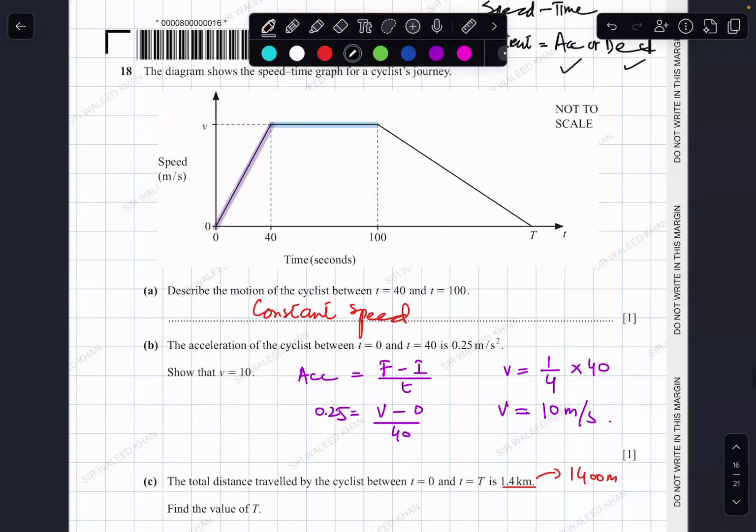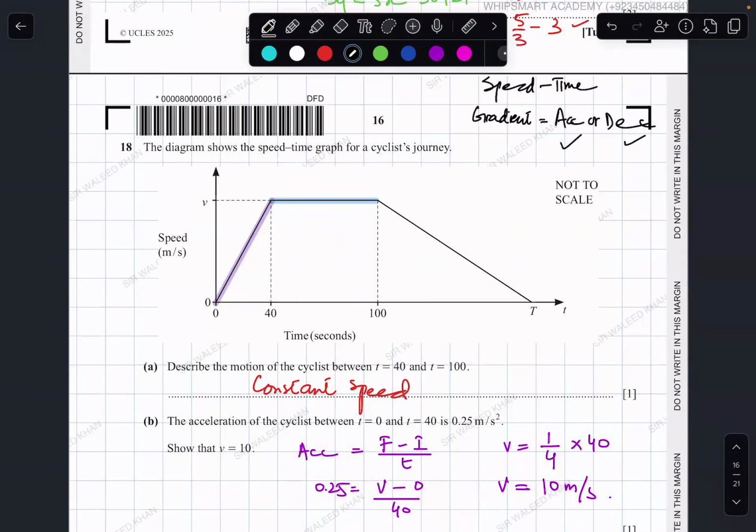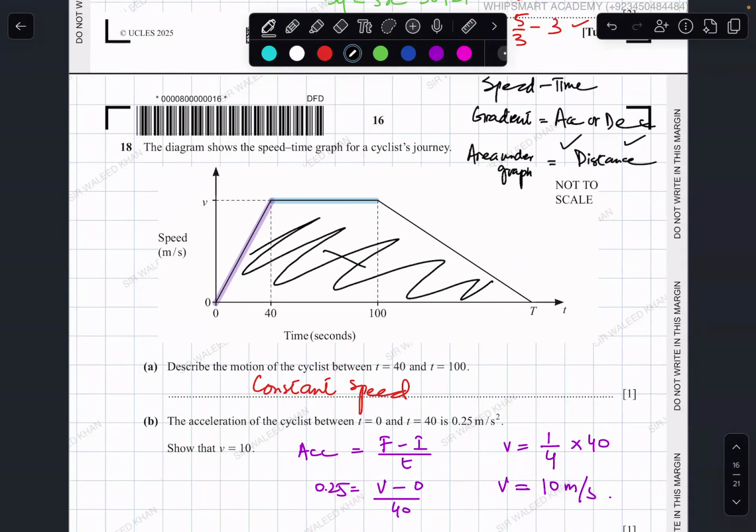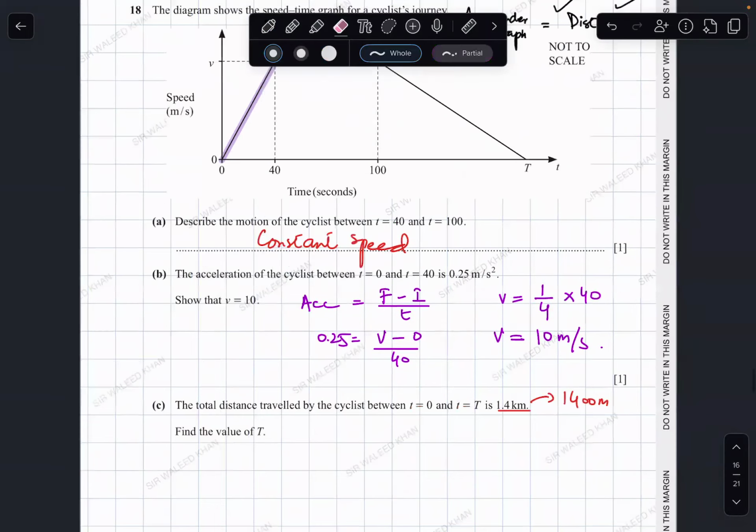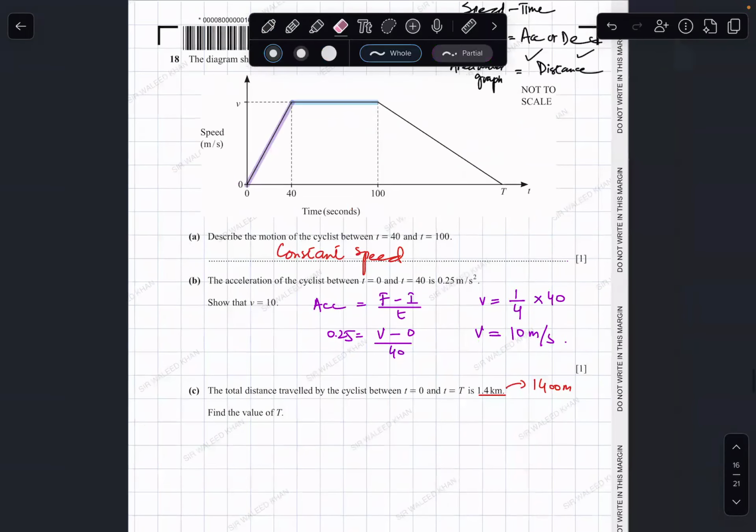And in a speed time graph, gradient is representing acceleration and deceleration. Area under the graph represents distance. Okay, so all this area is representing distance traveled. So if I'm looking at the shape of the graph, it's like a trapezium. Area of trapezium is going to represent total distance.